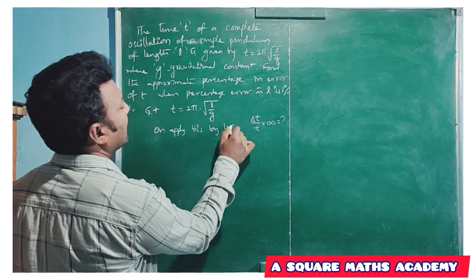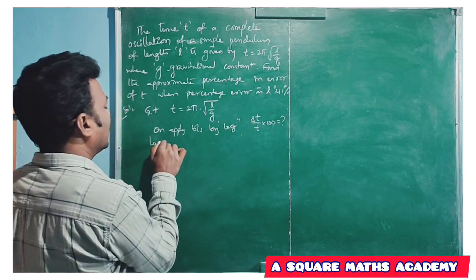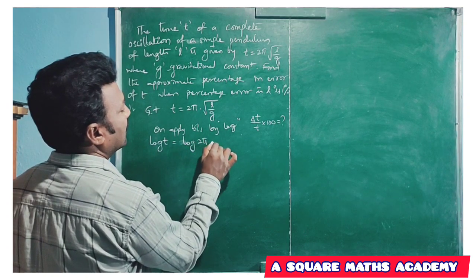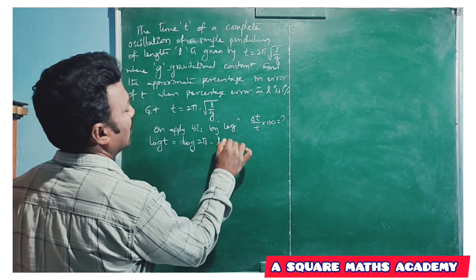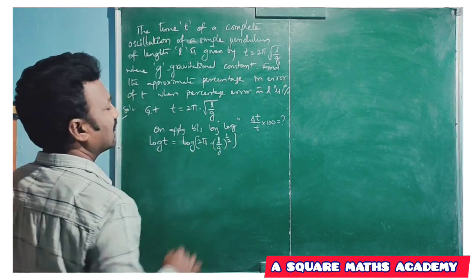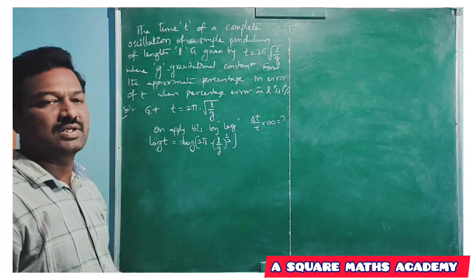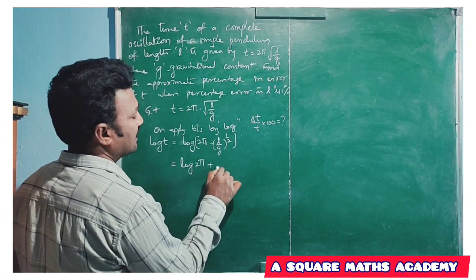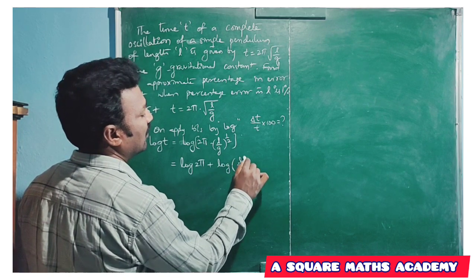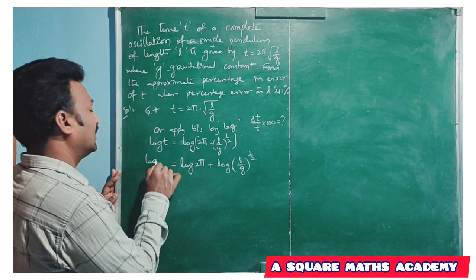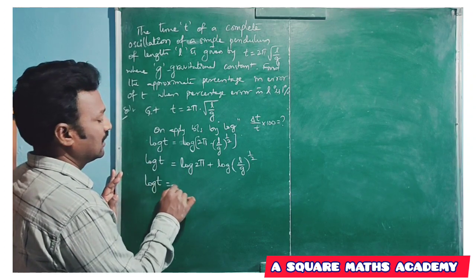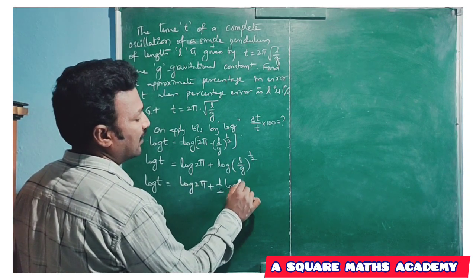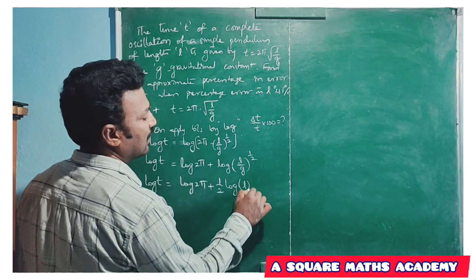Log t equals log of 2 pi into L by g whole power of 1 by 2, since there is a square root. Log of a into b is log a plus log b, so log t equals log 2 pi plus 1 by 2 log of L by g, which can be written as log L minus log g.